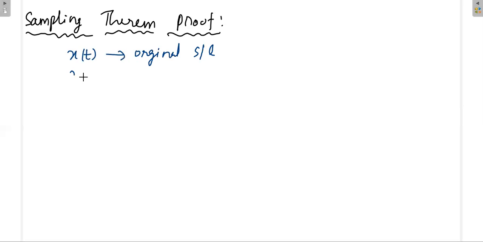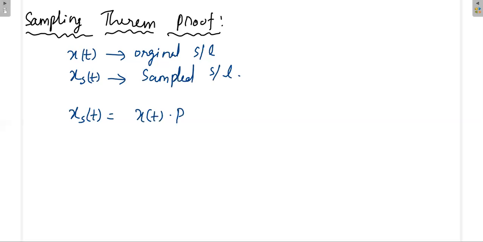Then xs of t we call the sampled signal. How do we get xs of t from x of t mathematically? If you multiply x of t with the pulse train, we get a sampled version of the signal. For example, this is x of t.